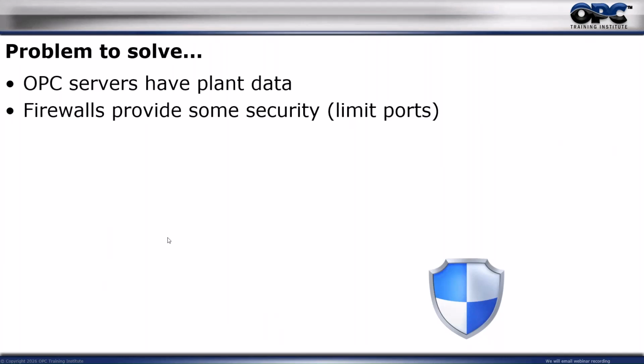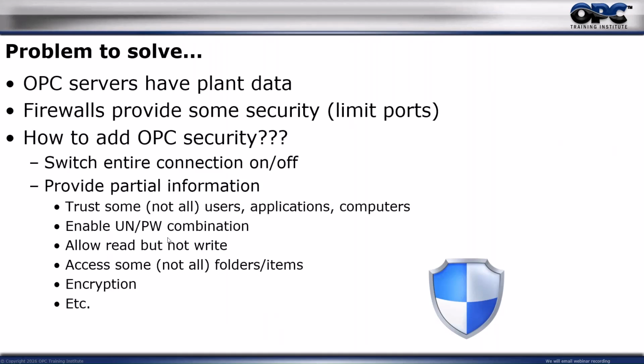So already they are limiting the number of incoming ports, incoming connection points, if you will, that we can have. They're limiting it, which is very, very good. Some of them even do deep packet inspection, which goes even further to say, hey, what's actually going on this port? But once you're able to connect, you will be able to get everything.